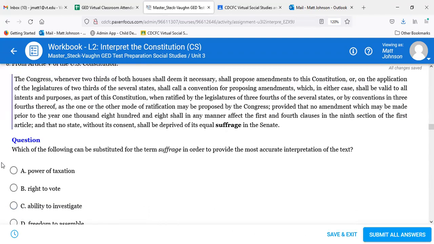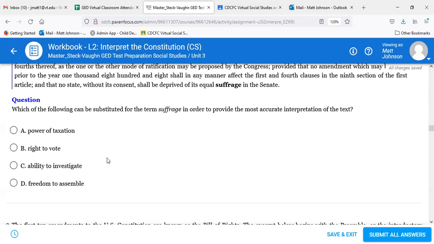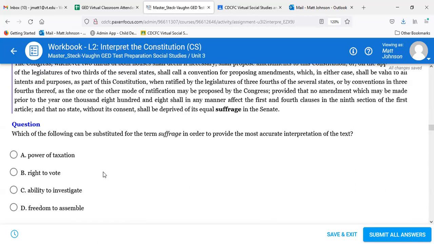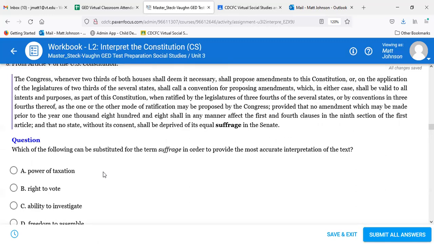So let's see. Tracy, on number 8, you want to read question 8 for us? Yes. Which of the following can be substituted for the term suffrage in order to provide the most accurate interpretation of the text?